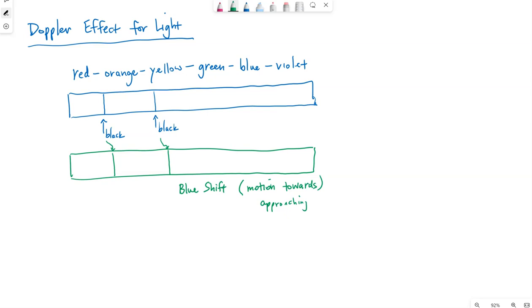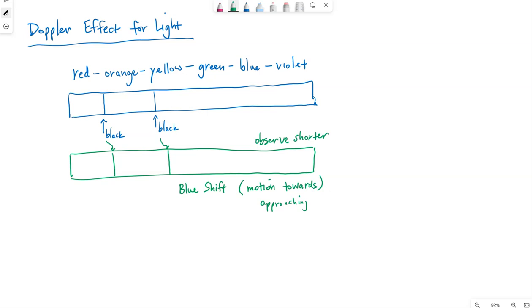So similar to sound, the sound wave that's traveling towards us, if the source is also moving, that puts the compression points closer together, meaning a smaller wavelength, and thus we hear a higher frequency. Conceptually, it's very similar. Motion towards us, that light we observe, the wavelengths to be shorter.